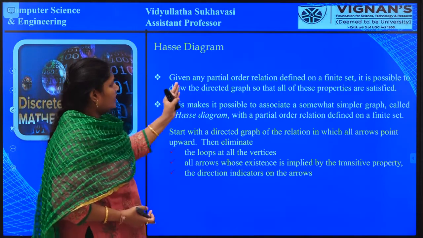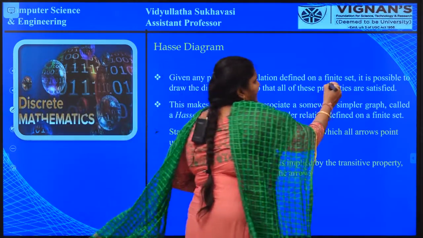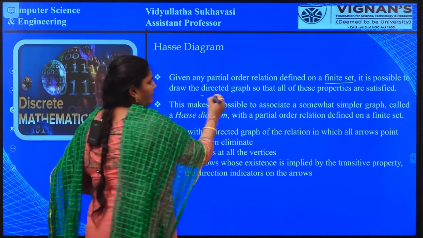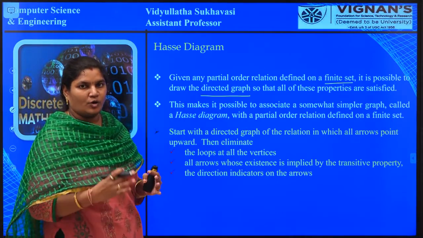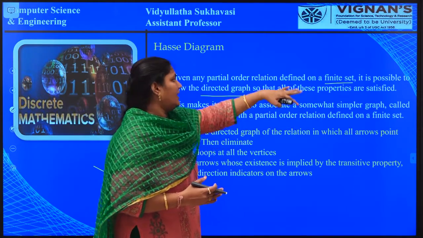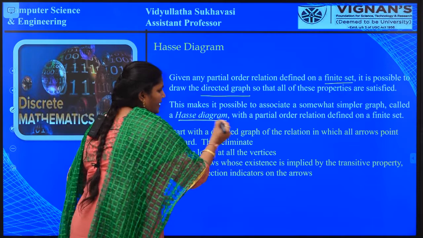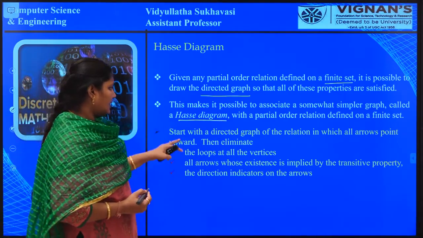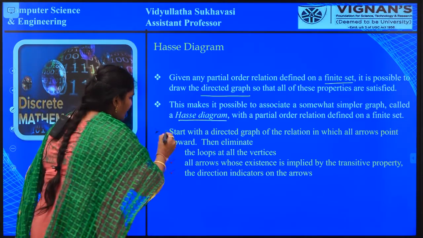For any partially ordered relation, if we have a finite set, that is a limited number of elements, it is possible to draw a directed graph. That directed graph will be called a Hasse diagram in the case of a partial ordering relation. So see here how we are going to draw the Hasse diagram.